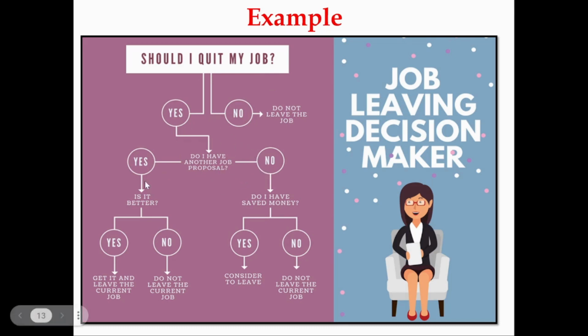Then, if yes, is it a better job proposal than the job that I am doing now? If it is no, do I have saved money? Then it goes to yes or no. In this way, the decision tree continues until you stick to one decision. This is the best example for a decision tree: a job leaving decision maker.